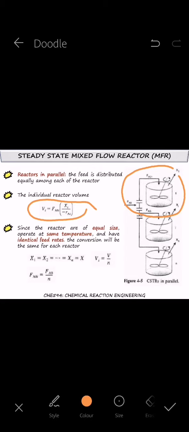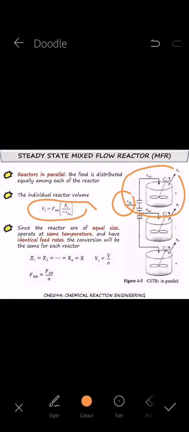Okay. So semua reaktor ni you akan dapat, the formula is going to use this general equation. So kalau first reactor, so just V1 equals FA naught X1 over RA1. So sebab semua reaktor ni dia adalah berdasarkan FA naught.